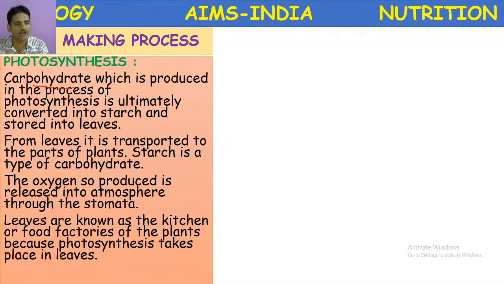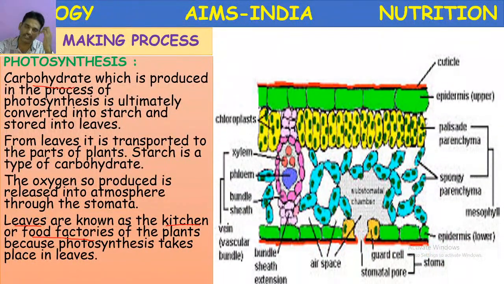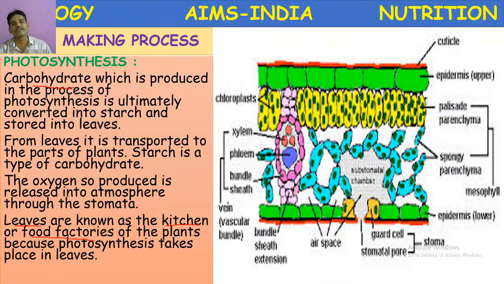So leaves are known as the kitchen or food factories of the plants because photosynthesis takes place in the leaves. So let us see briefly the structure of the leaf, how it is related to photosynthesis.